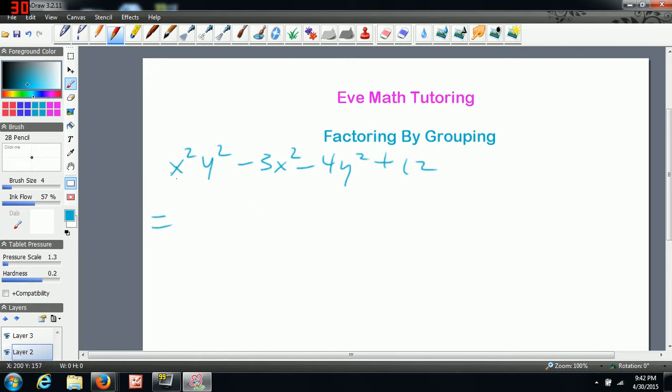If I wanted to factor something common out of here, I could factor out the x squared out of the first two. I'd be left with y squared minus 3. We're going to take out a negative 4, and I'd be left with y squared plus 3 again. And, oh, sorry, that would be minus 3 because it's negative. This one's plus.